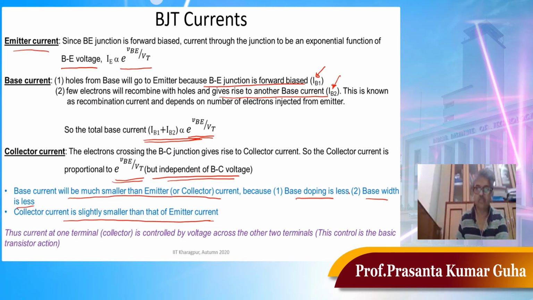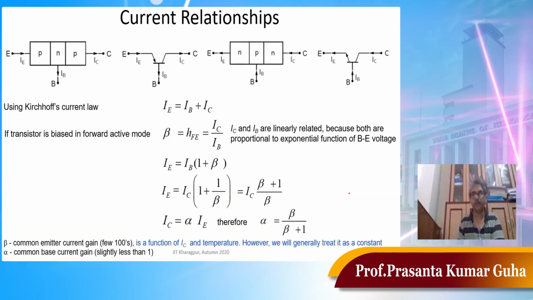Now let's move on. I think we came across this equation in the last class. We can write IE equal to IB plus IC. Collector current and base current are linearly related, because both are exponential functions of the base emitter voltage.